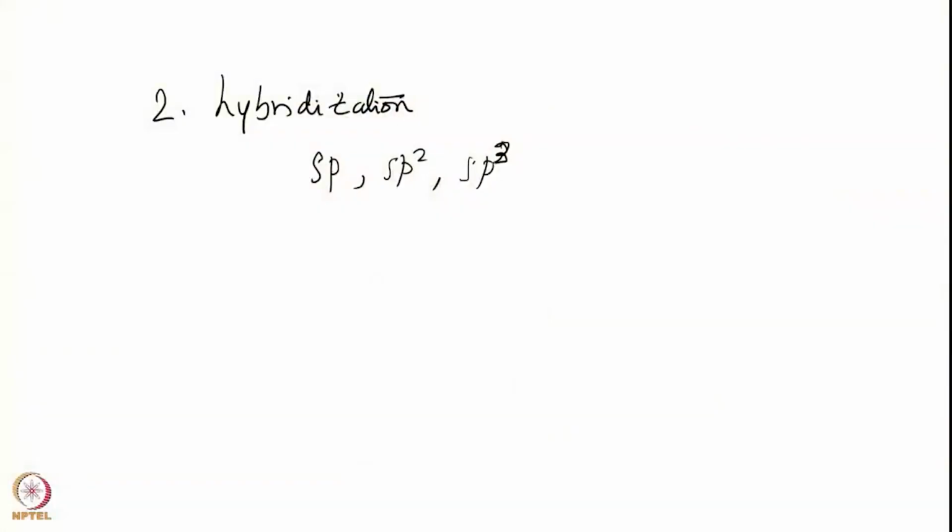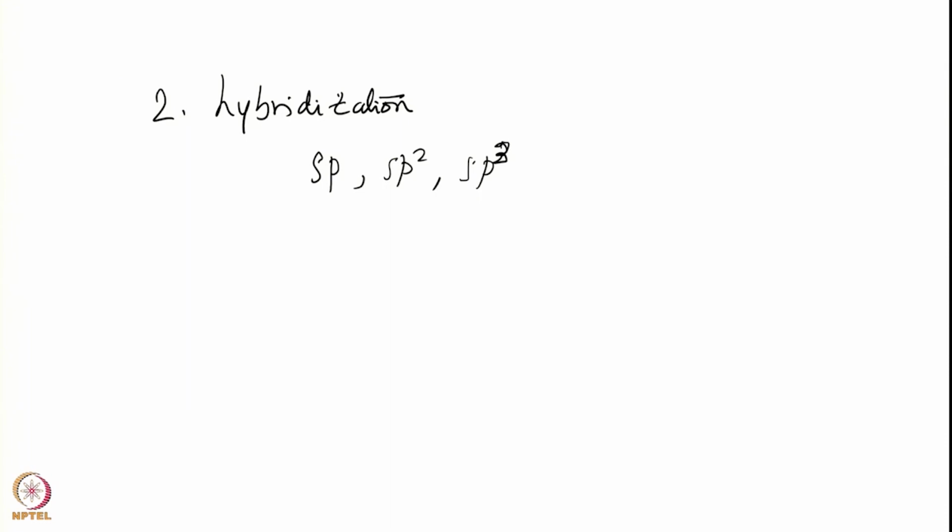But in most organic chemistry we will have only these 3, sp, sp2, sp3. Now, if I have a proton which has this sp kind of hybridization, the carbon will pull out more electrons into this one.